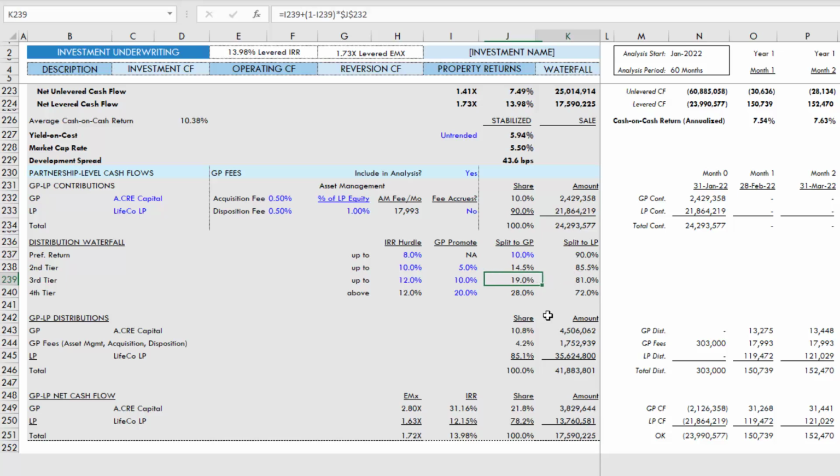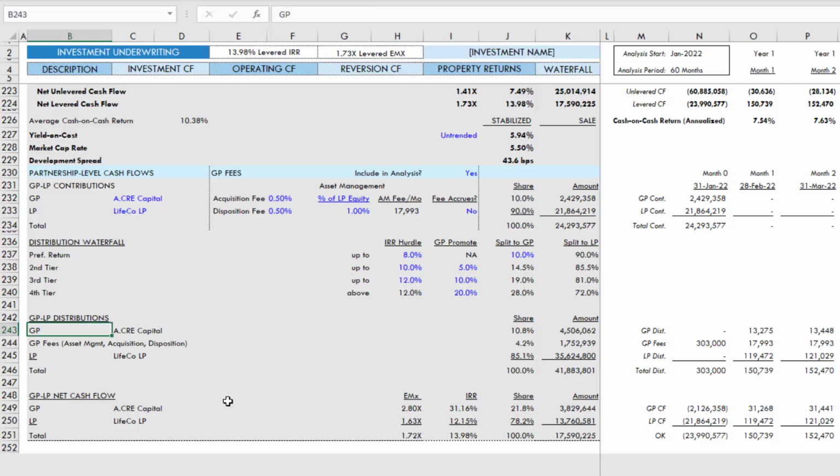And then out here to the right, it automatically calculates the distribution percentage to each of the partners based on the promote paid to the GP and the percentage that the GP owns of the remainder of the partnership versus the LP. Then the fourth tier is really any excess cash flow. So above a 12, there's a 20% promote in this case paid to the GP, which results in 72% distributed to the LP, 28% distributed to the GP in this tier.